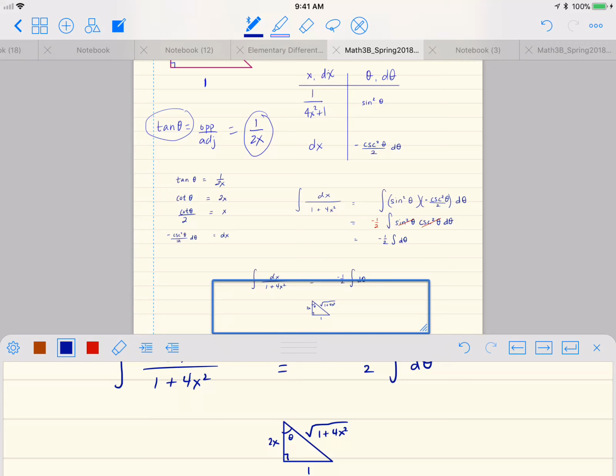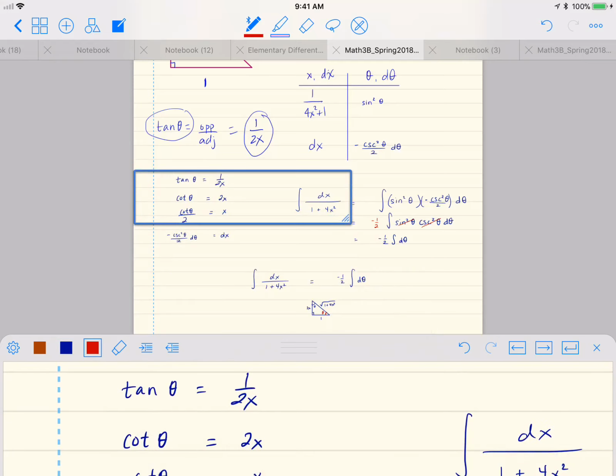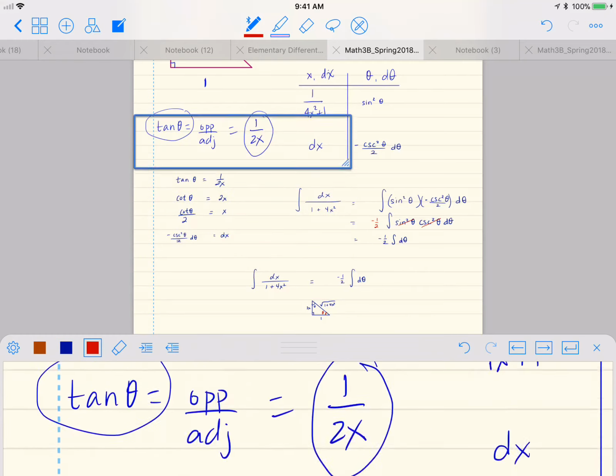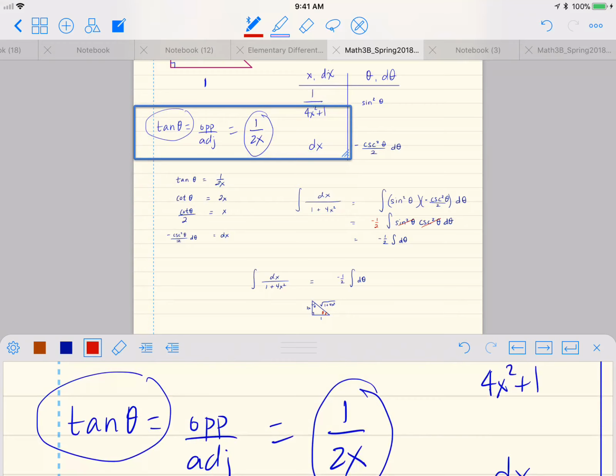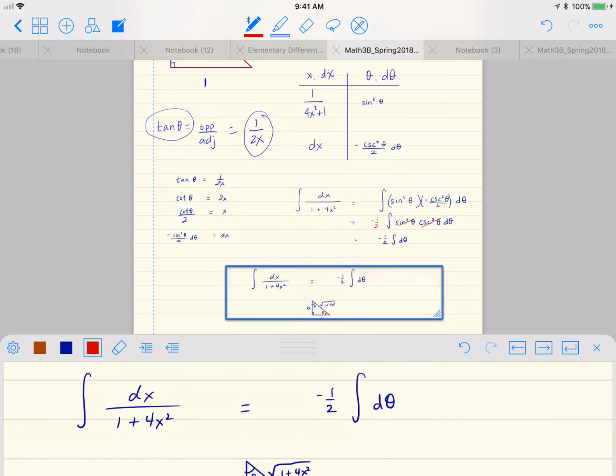So if you were to use a different triangle, so if you use a triangle and you put your theta in the opposite angle, right? So imagine if you put theta down here, then that's going to impact the relationships that you have here. So instead of tan and cotan, and I think we use sine as well, you're going to be looking at cotangent and cosecant, right?